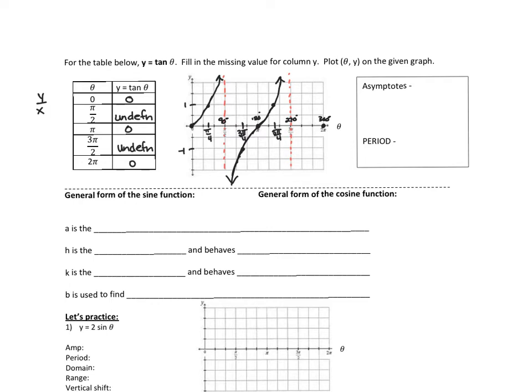I could use any theta I want in the fourth quadrant, but why don't we use the one smack dab in the middle, 7 pi over 4. You'll see at 7 pi over 4, I'm at -1. So I know that at this portion of my graph, tangent is a downwards pointing graph that's like this.